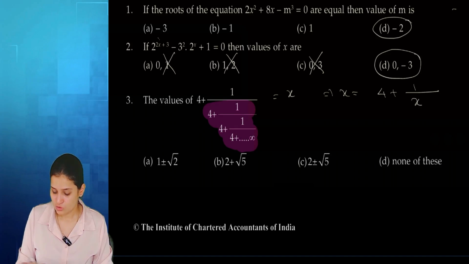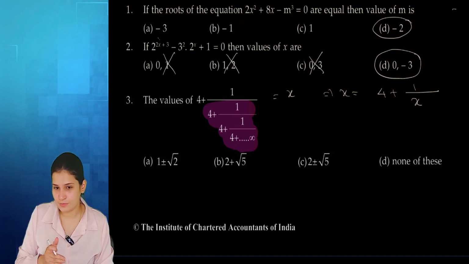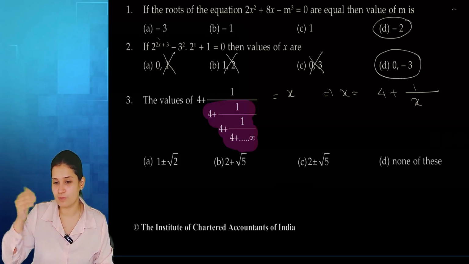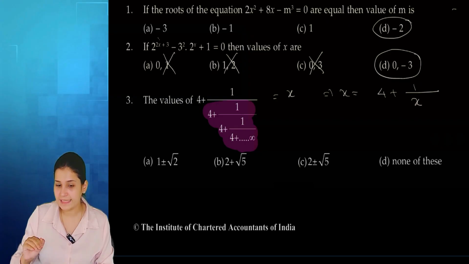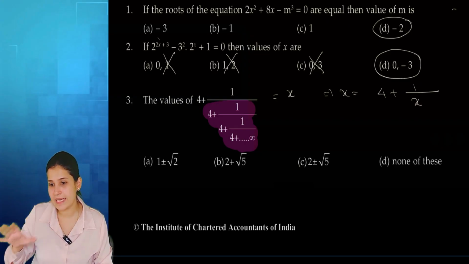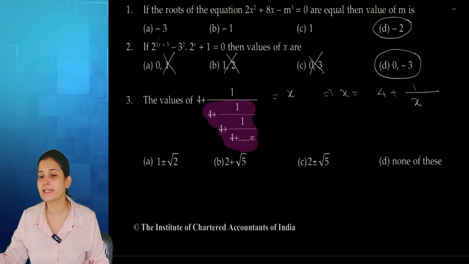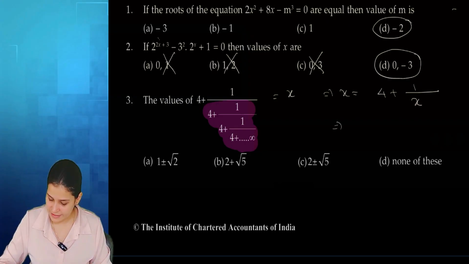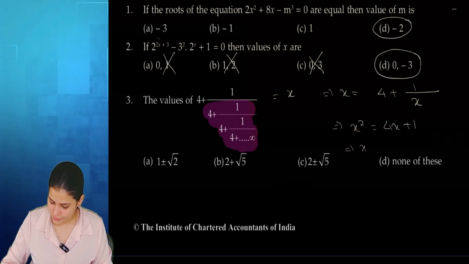Agreed? So one 4 plus gets removed. We are naming x equal the trend. That is 4 plus 1 by 4 plus 1 by. So from the second line, the denominator, again the same trend continues. And since it's still infinity, we can name it again x. So now if I take LCM, x square equals 4x plus 1.